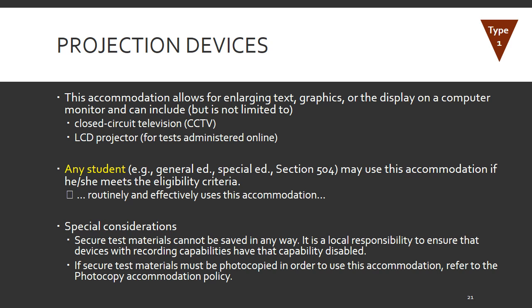Special considerations. Secure test materials cannot be saved in any way. It is a local responsibility to ensure that devices with recording capabilities have that capability disabled. If secure test materials must be photocopied in order to use this accommodation, refer to the photocopy accommodation policy.